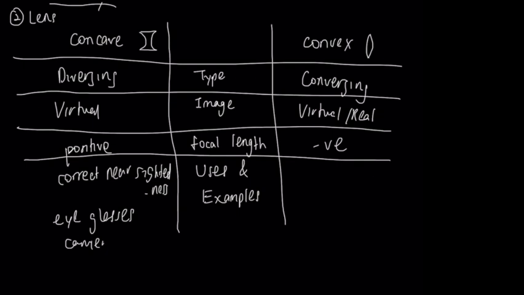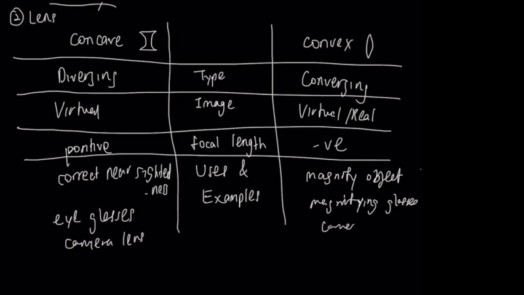Besides that, it can also be used as a camera lens and so on. While a convex lens is used to, again, magnify objects. So it can be used in magnifying glasses. Okay, I hope you can read it.